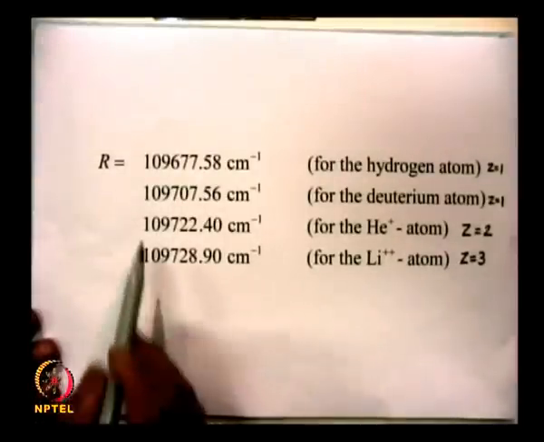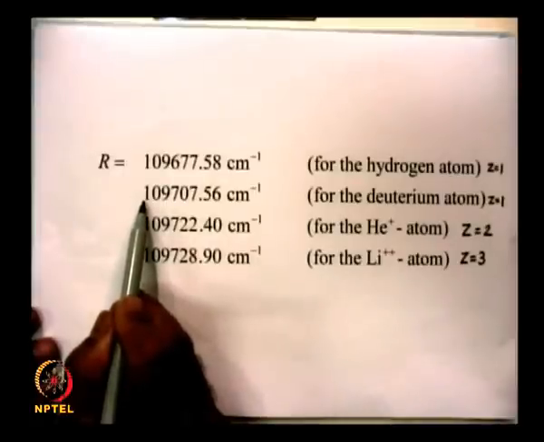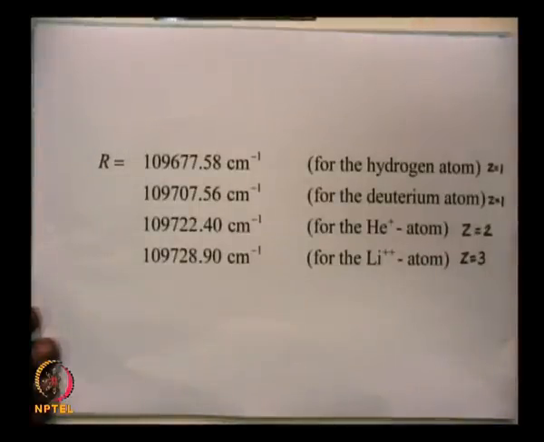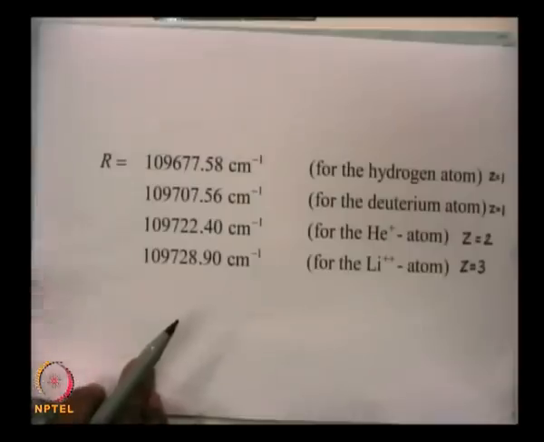And indeed, the fact that the Rydberg constant is slightly different for deuterium led to careful measurement of spectral lines which were slightly shifted from that of the hydrogen atom, and which eventually led to the discovery of deuterium or heavy water by Urey in the year 1932. Now, this therefore completes the energy level structure.